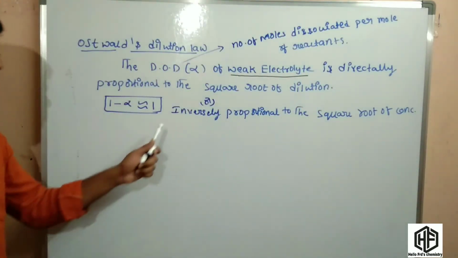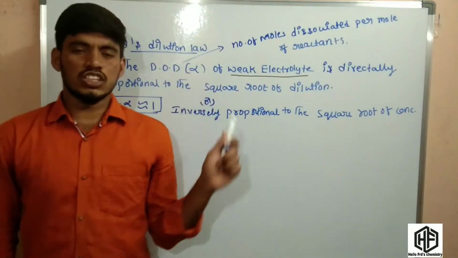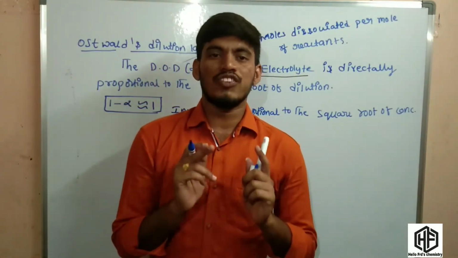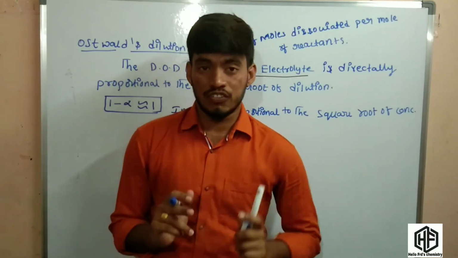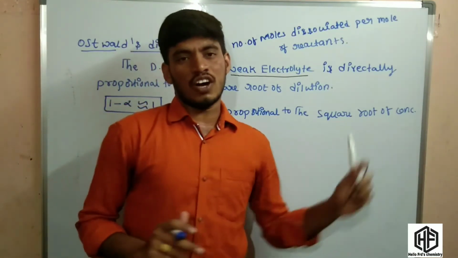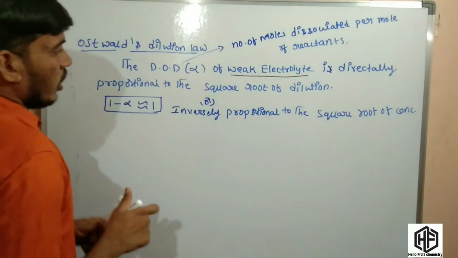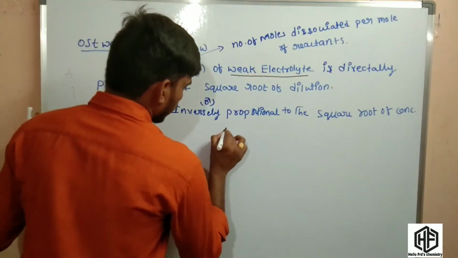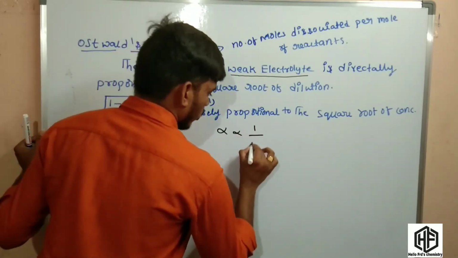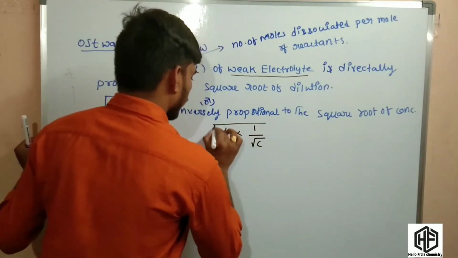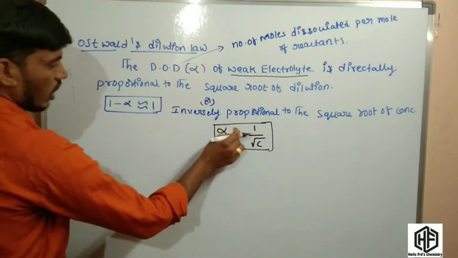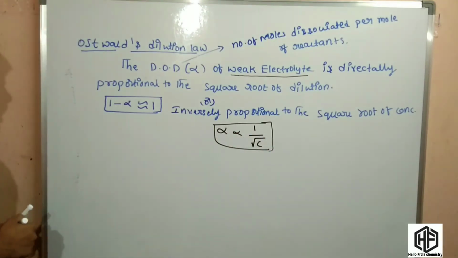This is very important. The expression is alpha is inversely proportional to 1 by root C. The degree of dissociation alpha is inversely proportional to the square root of concentration.